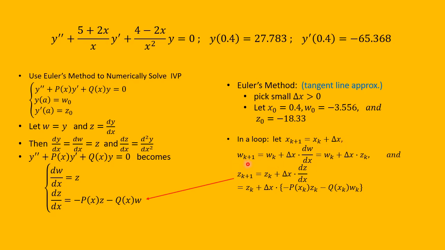W sub k plus 1 will be the old value, w sub k, plus delta x times how much w changes with respect to x. And so we can write that as w sub k plus delta x times z sub k. And similarly, z sub k plus 1 is z sub k plus delta x times the derivative of z with respect to x. But the derivative of z with respect to x, according to this, is minus p of x sub k z sub k minus q of x sub k w sub k.